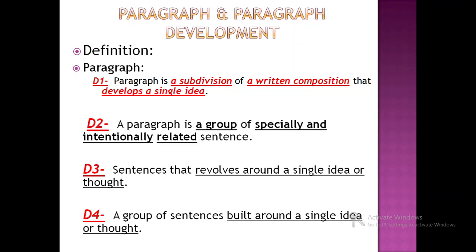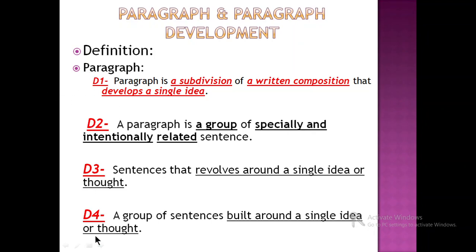Again, a combination of a few sentences which are about one single idea is all about the paragraph. Is that clear? Put another way, so that you can understand in Hindi as well: where you write some sentences together in such a way that all of those sentences explain one main idea, that is called a paragraph. Is that clear?